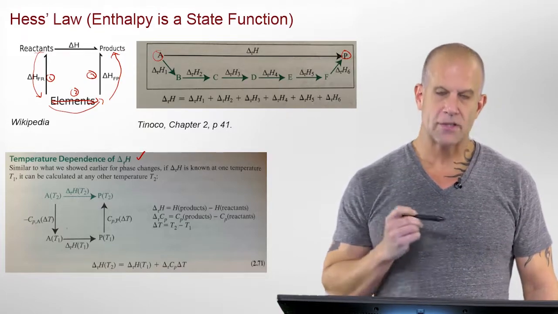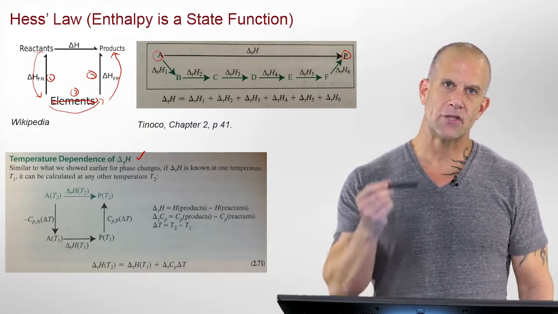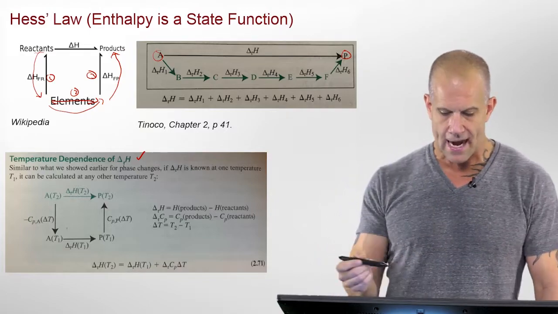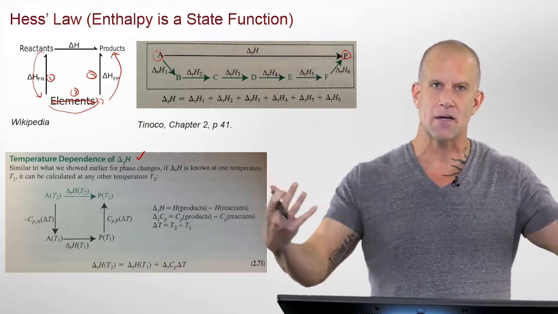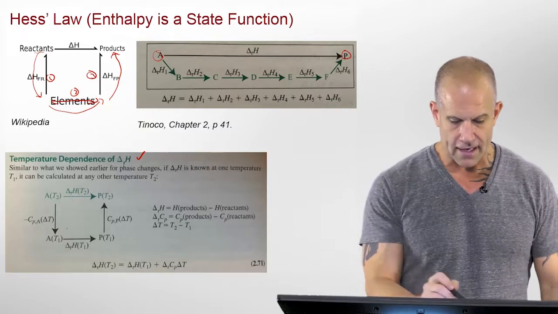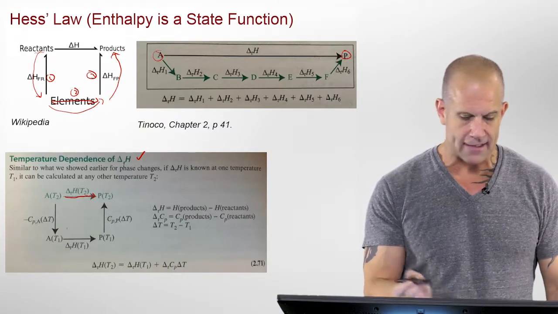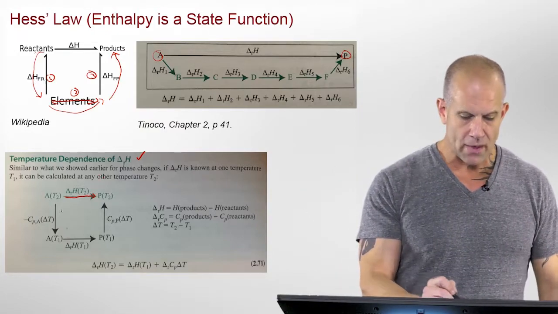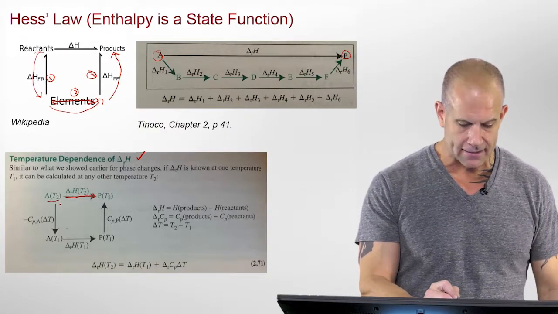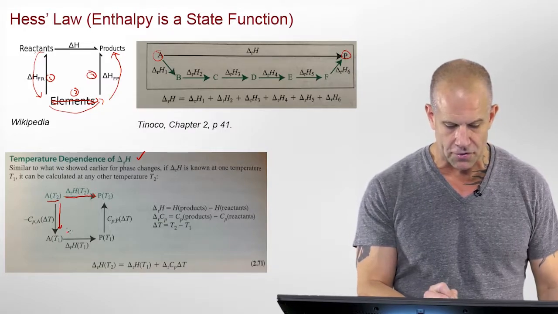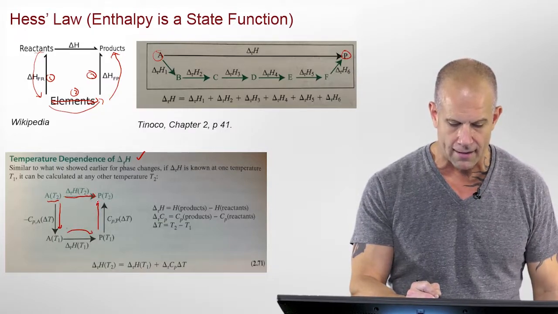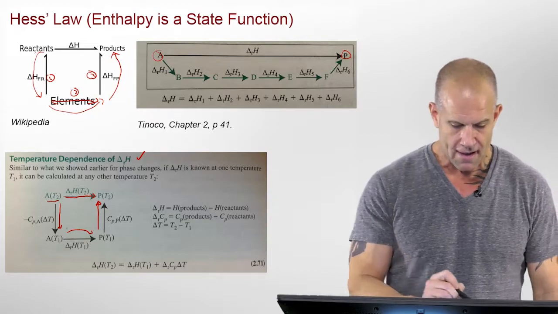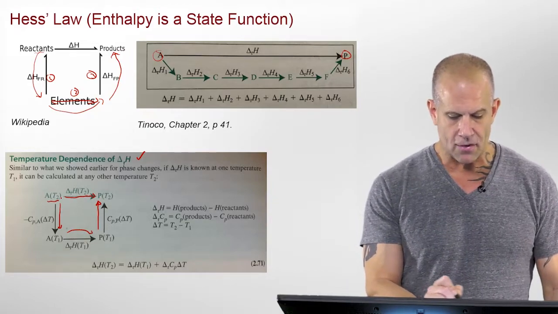The other thing, which is where this gets used very often, is to look at reactions outside of just being done at room temperature. So for example, we want to know the reaction at some high temperature, T2, but we can take the reactants, cool them down to room temperature, do that reaction, and then heat the products up to that higher temperature, and that path should be equivalent, right?